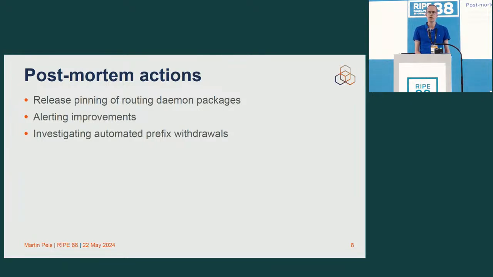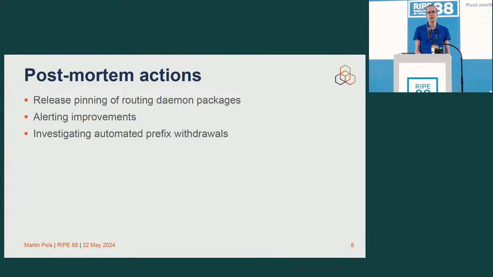Yeah, we did a couple of things to deal with this. Obviously, we fixed the release pinning. We also made some changes to our alerting. Normally, in this case, we only received alerts by email. We have made some changes so that we can also, in these specific cases, get SMS alerts.